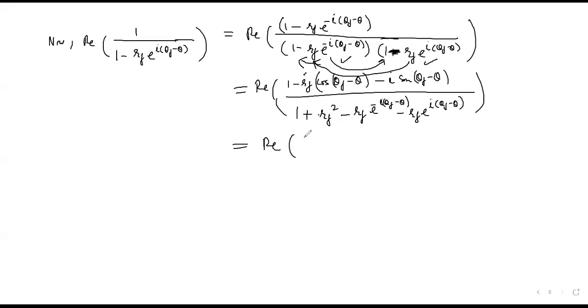So it would be 1 plus rj cos of theta j minus theta minus iota, actually plus होना चाहिए क्योंकि यहाँ माइनस ठीक है, हालांकि उससे फर्क नहीं पड़ता. क्यों? क्योंकि हम रियल पार्ट के पीछे हैं, है ना.